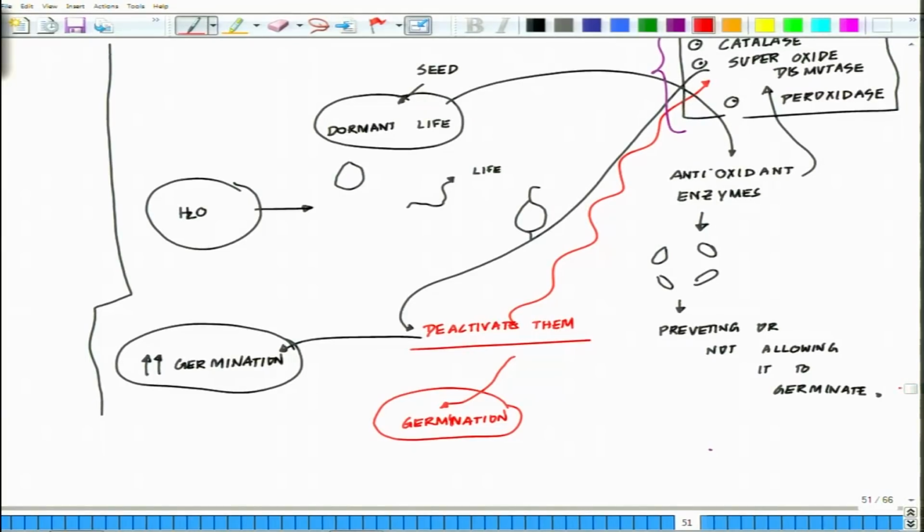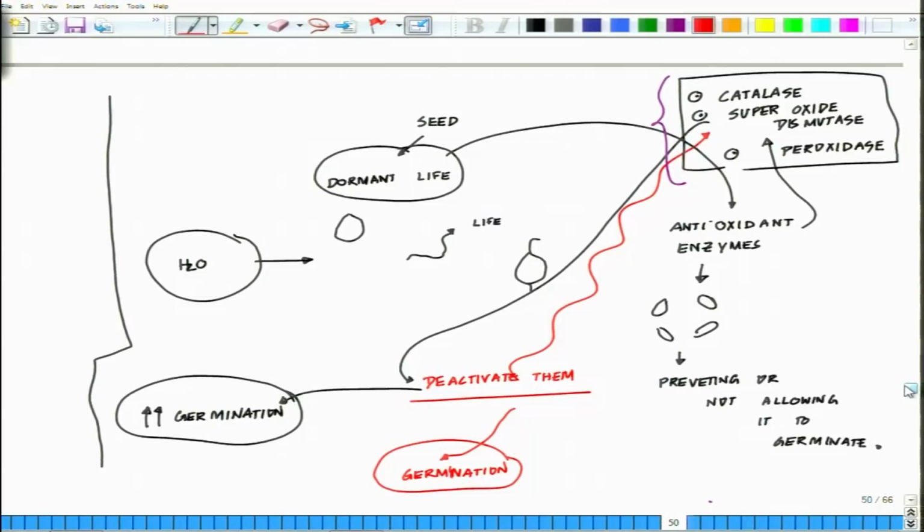I told you that a dormant seed remains dormant because there is a battery of antioxidant enzymes which prolongs its dormancy.